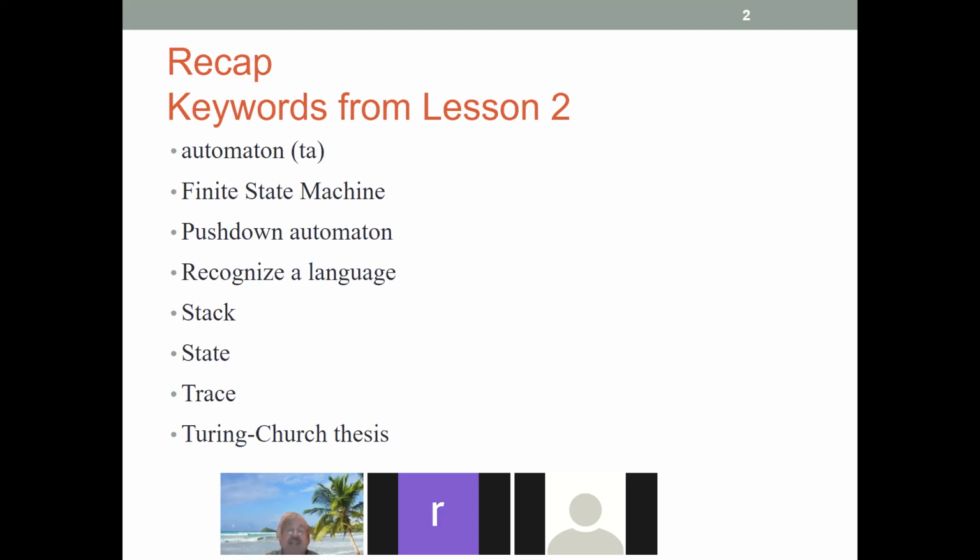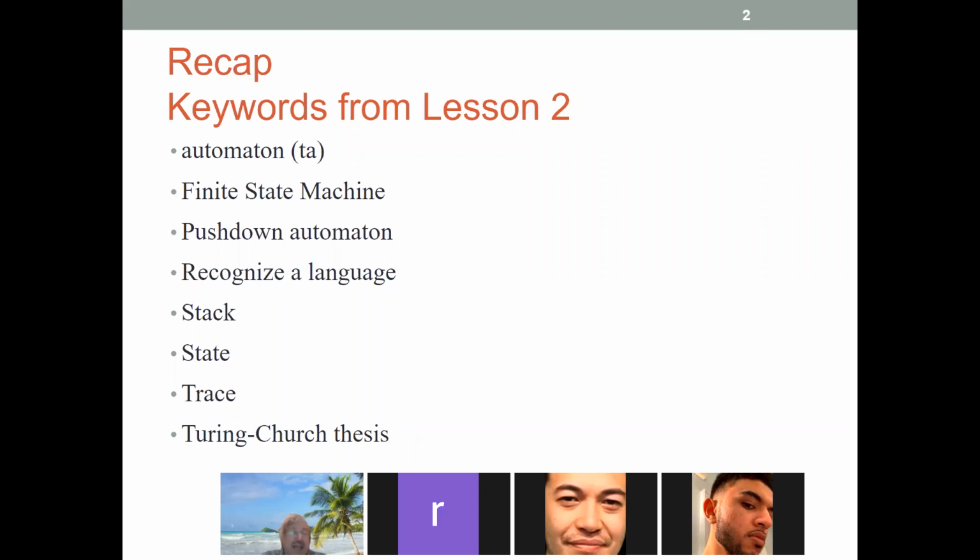A decider for a language can say yes if a string is in the language. And if the string is not in the language, the machine does what I'm doing. Can you see what I'm doing with my hands? I'm throwing them up. I don't know. You can wait. You can wait. But a decider is not going to say yes. It'll say yes if the string is in the language, but it can't say no. It just doesn't say yes.